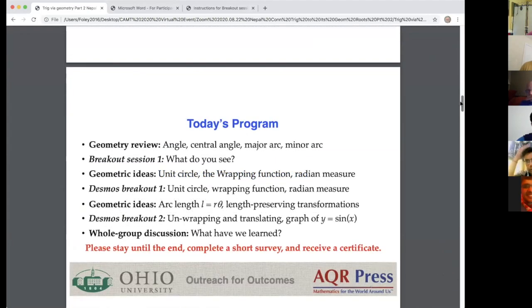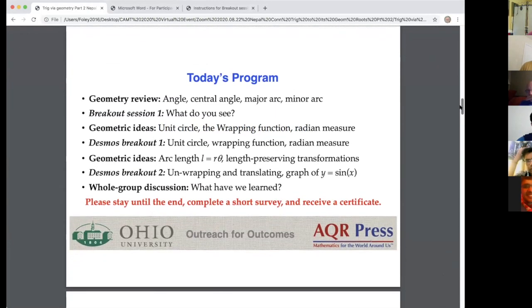Today's program, we're going to do some geometry review of some vocab: angle, central angle, major arc, minor arc. And then the first breakout session will be to do deep observation, to study a figure and see what it is you can see. Then we're going to have two Desmos breakout sessions. So the first breakout session will be a little bit shorter than the other two.